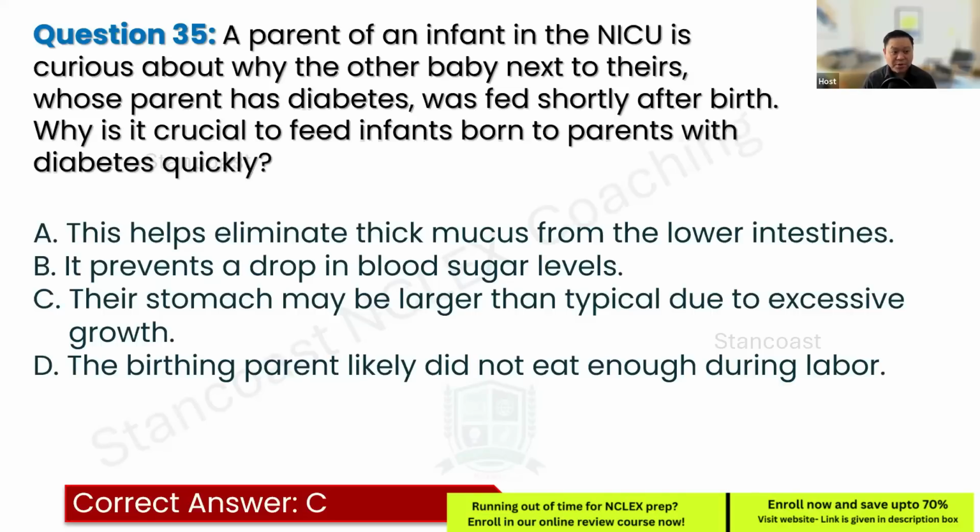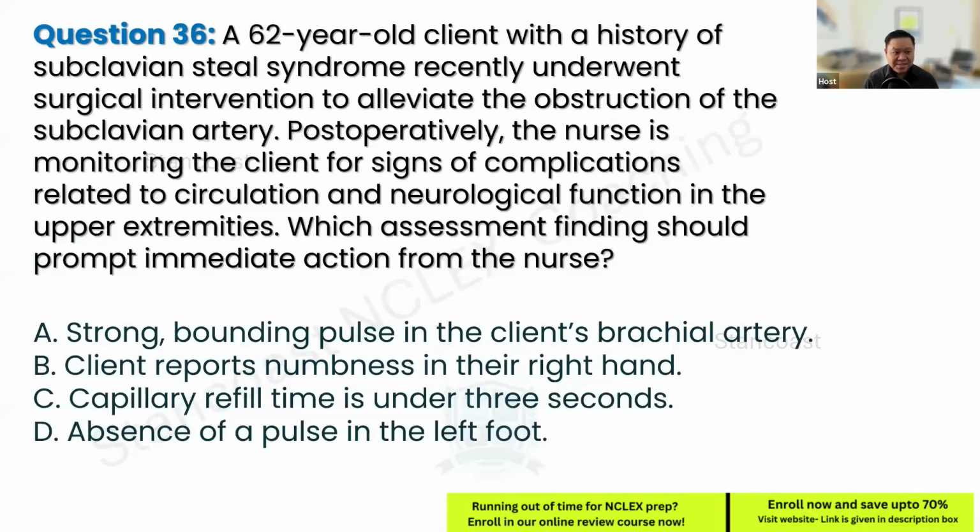Let's have number 36. A 62-year-old client with a history of subclavian steal syndrome recently underwent surgical intervention to alleviate the obstruction of the subclavian artery. Postoperatively, the nurse is monitoring the client for signs of complications related to circulation and neurological function in the upper extremities.